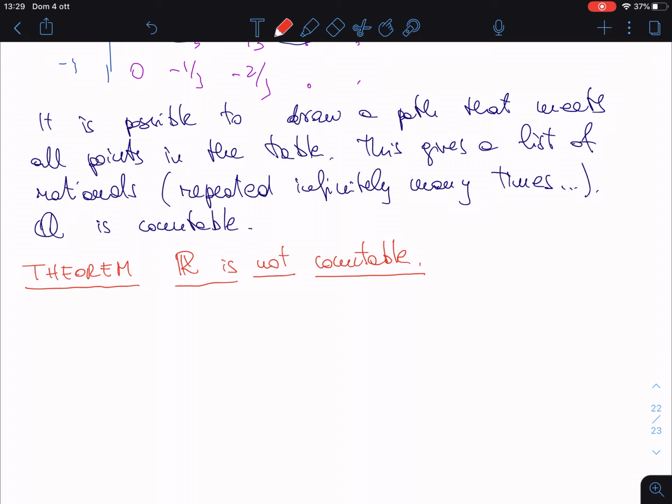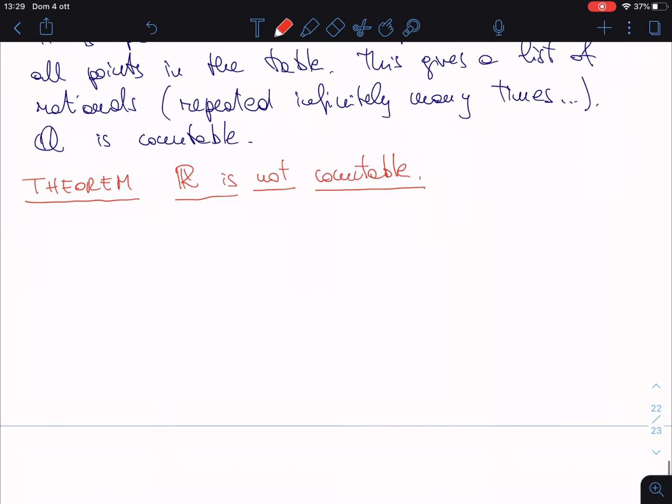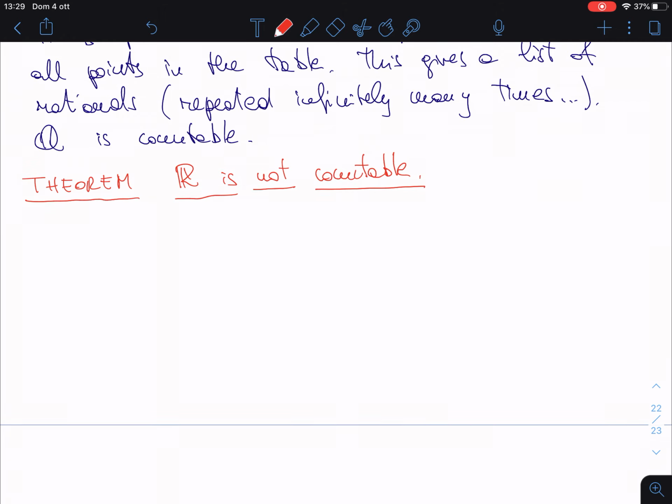Okay, this is an extremely deep result, which is due to Cantor, and it has a genial proof.